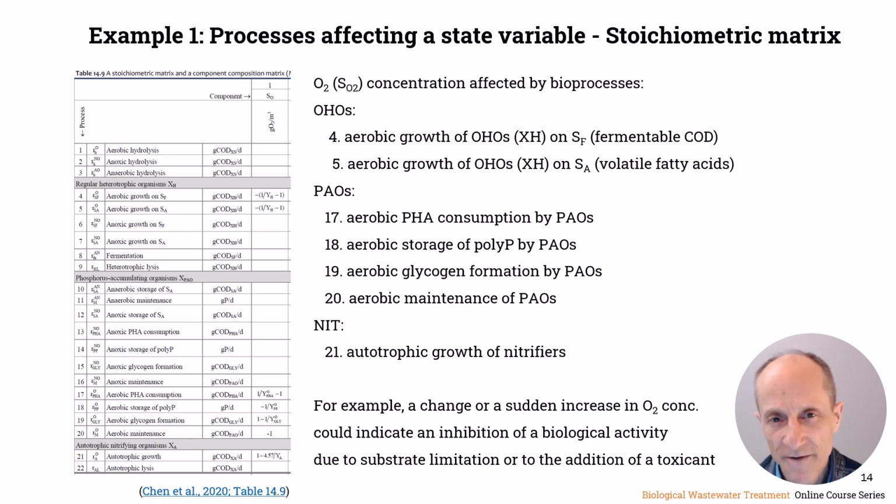An example of understanding how processes affect a state variable can be done by using a stoichiometric matrix, which is commonly used for modeling biological wastewater treatment processes.